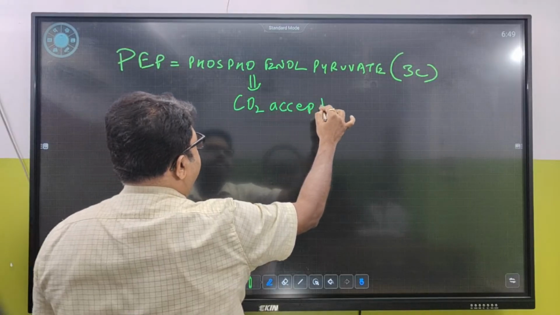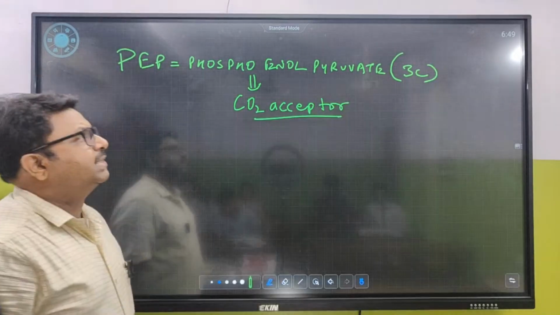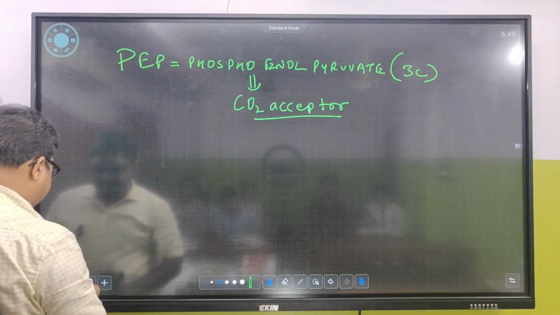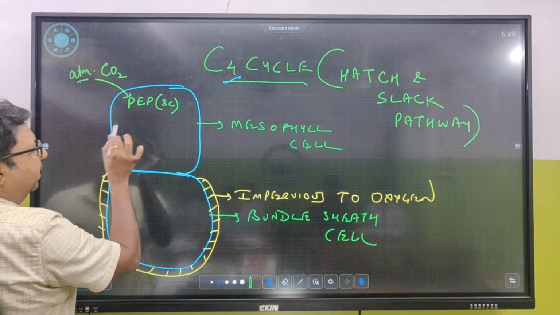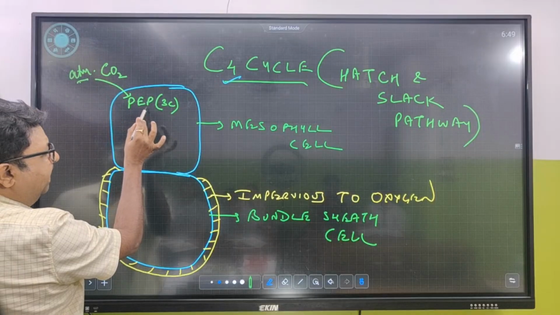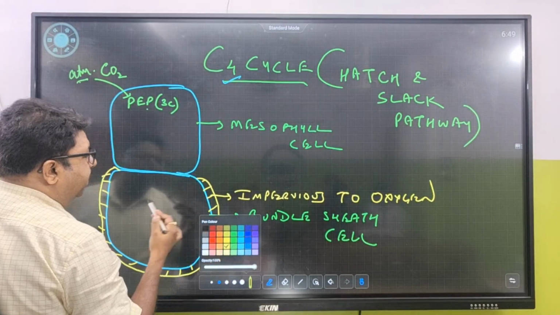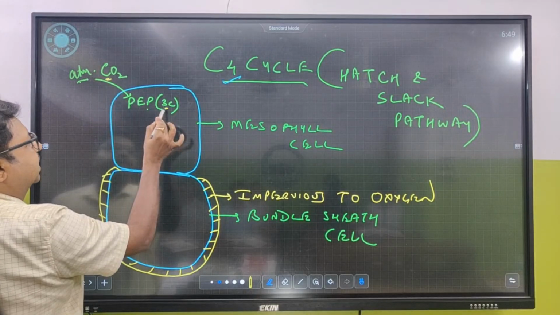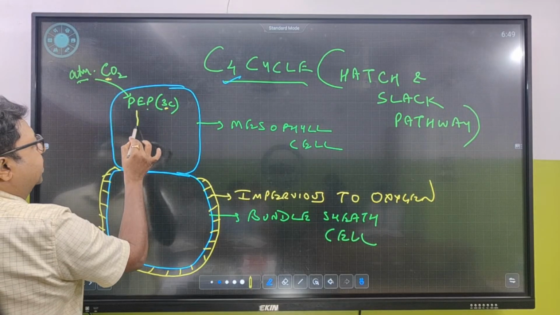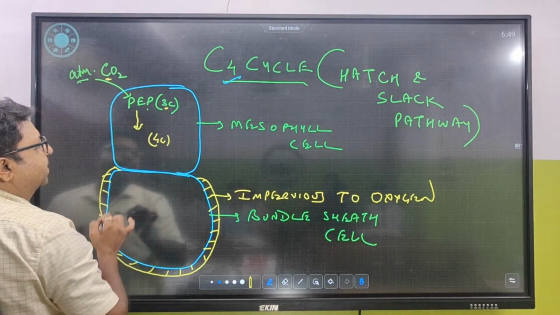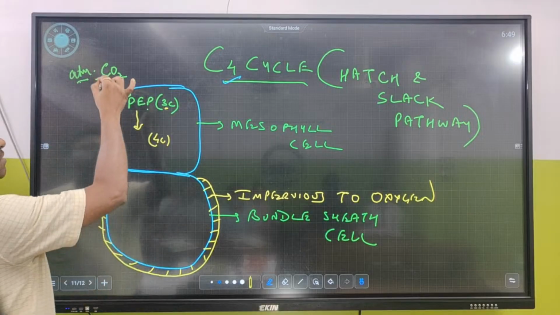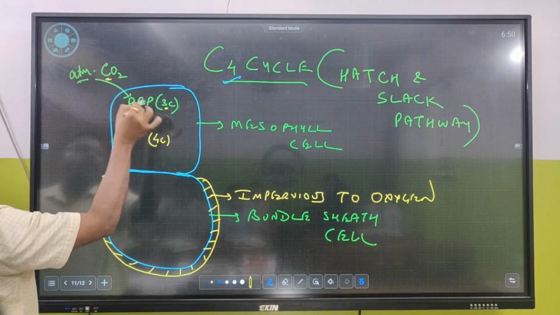So this carbon dioxide of the atmosphere binds with PEP and forms what? One carbon here, 3 carbons here. What is the final product? 4 carbon. 3 plus 1 is 4.